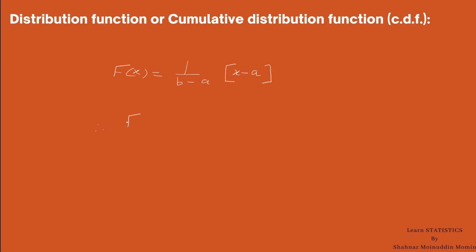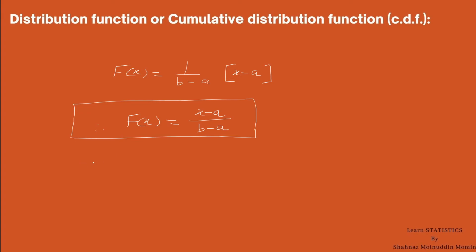Hence, c.d.f or distribution function is F(x) equal to x minus a divided by b minus a. This is the value of c.d.f of continuous uniform distribution.